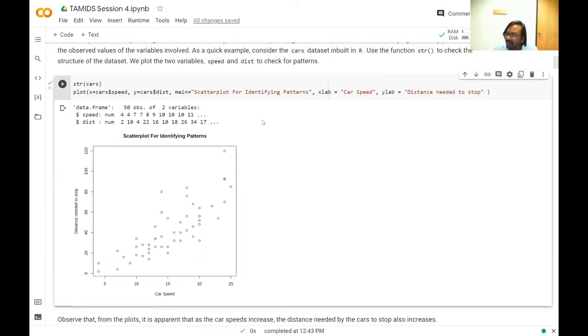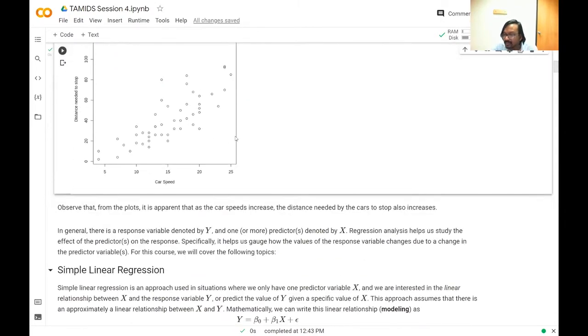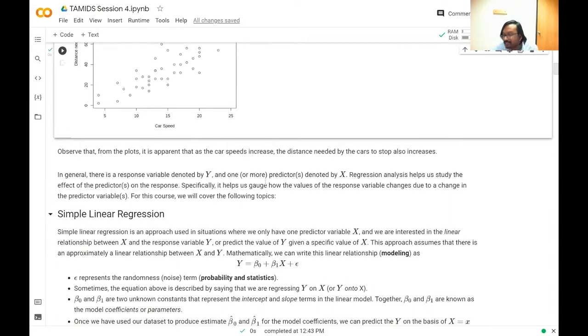All these different aspects can bring different values to the response variable. But that is not what we're interested in. What we are interested in is whether there is an overall pattern between the predictor and the response. We are not interested in the individual idiosyncrasies of each of the observations. So that becomes noise.